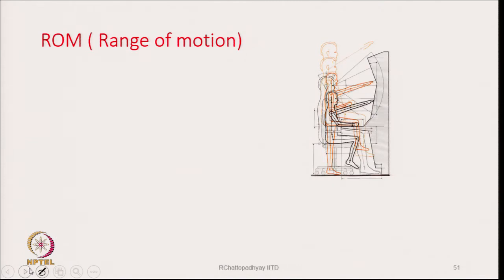Next comes another aspect, range of motion, which we have said is also important from the design point of view. Range of motion of humans is studied with respect to shoulder joint movement, elbow joint movement and knee joint movement.